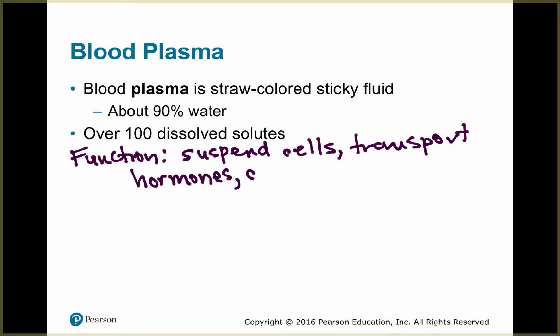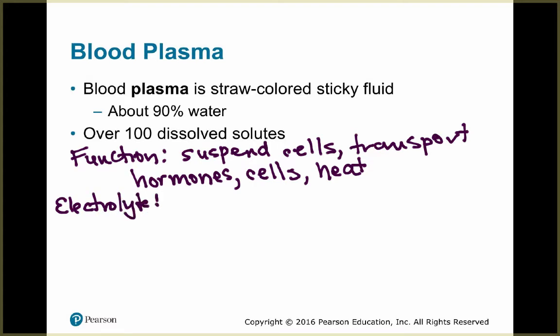You might have cells. Or you might even have things like heat. Remember, we were talking about the function of blood in general. And so now we're looking at the individual parts of the blood and what every part actually does in that big scope.